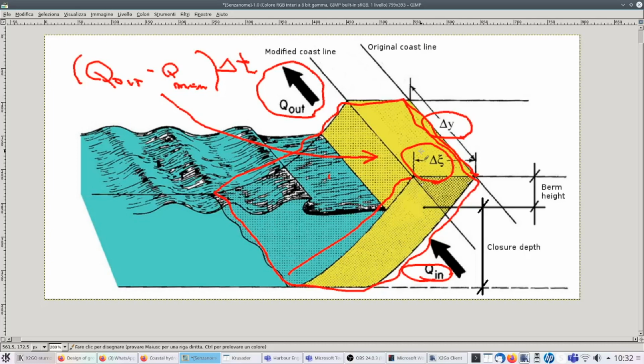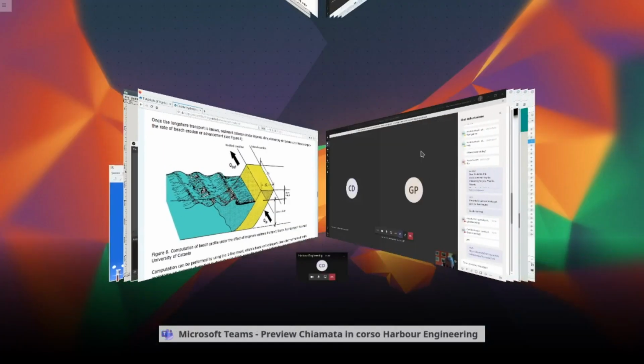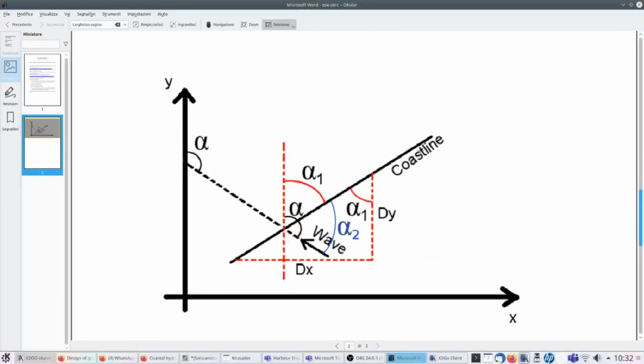Depending on how alpha is measured, of course, the trigonometric function sin or cos changes its sign, and therefore it is extremely important to pay attention to what the data represent, and what the sign of the trigonometric functions is that we compute.